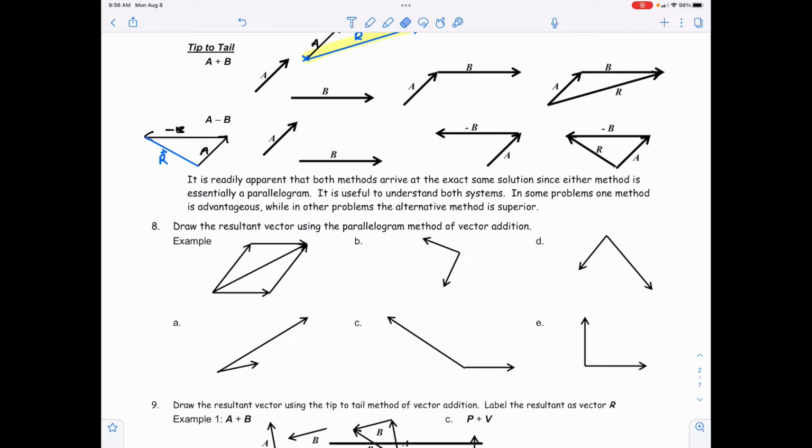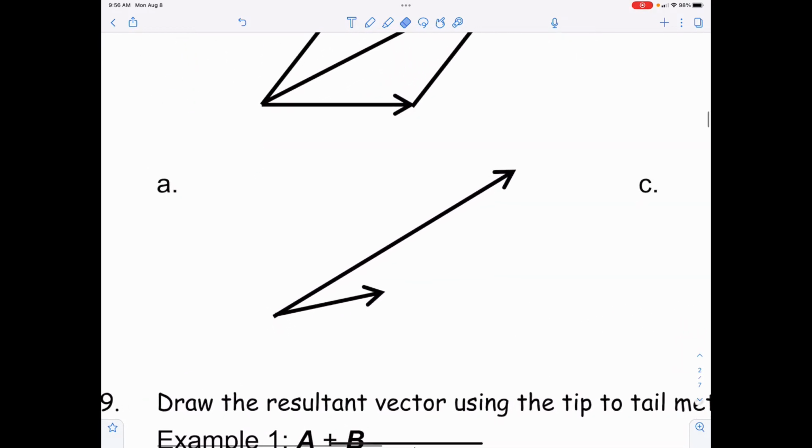Part 8. Draw the resultant vector using parallelogram method of vector addition. Let's take a look at letter A. I am going to complete the parallelogram. There we go.